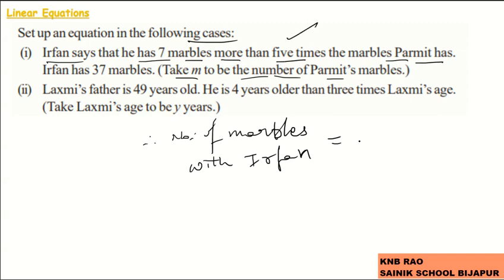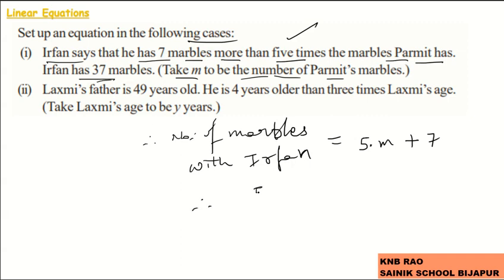So 5 times first, 5 into m, and more means added. How many to be added? 7 more. This is the number of marbles with Irfan, but they gave that Irfan has 37 marbles.